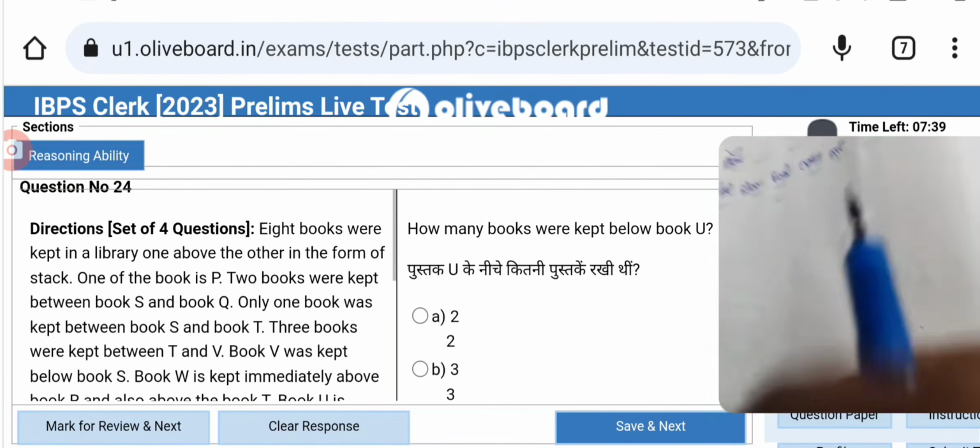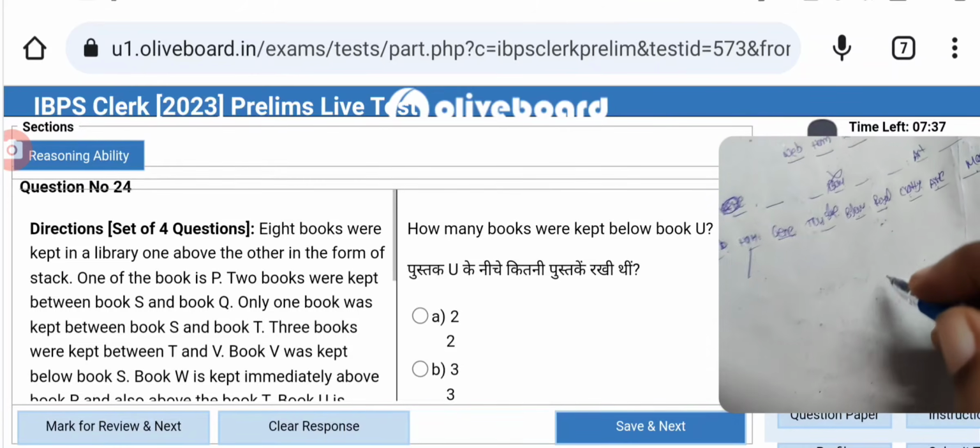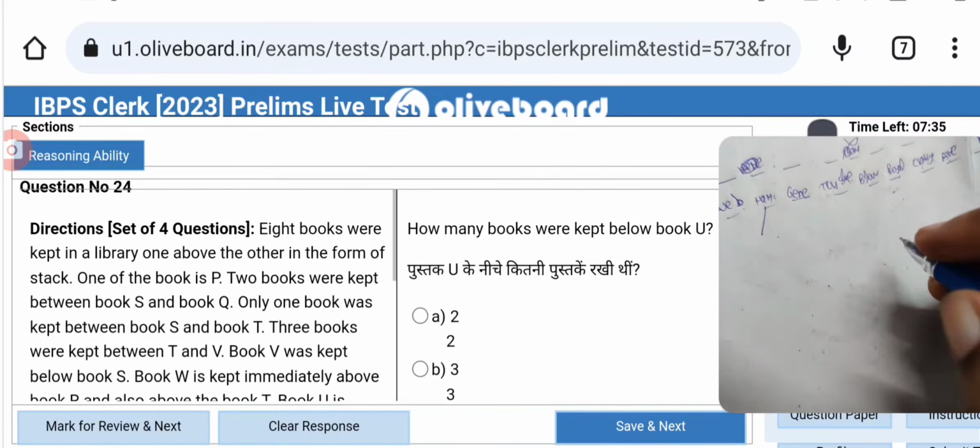Next one. 8 books were kept in a library, one above the other in a pile.